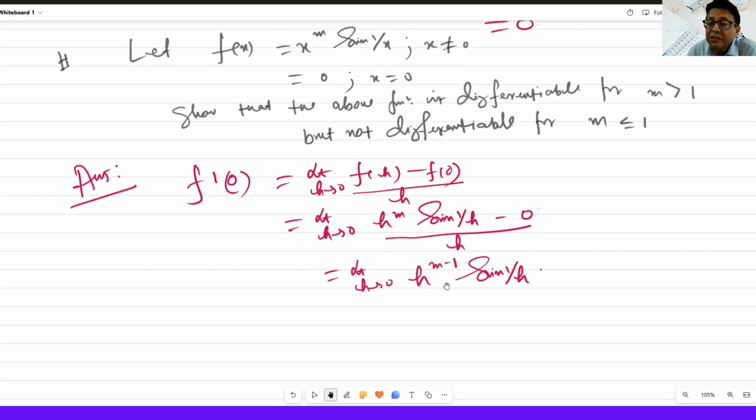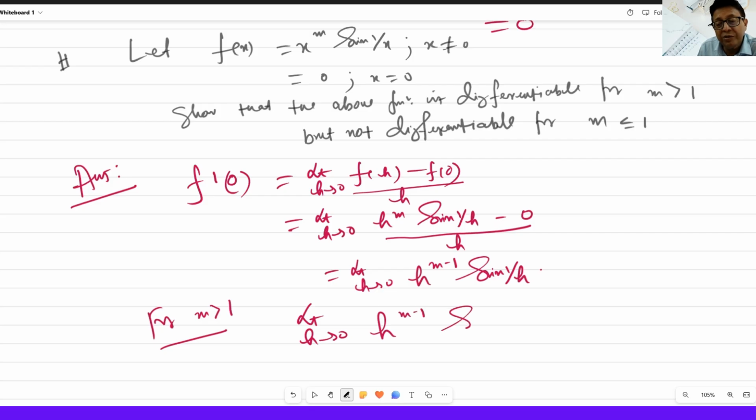So obviously this limit exists for m greater than 1. For m equal to 1, let me do those cases. For m greater than 1, limit h tending to 0, h to the power m minus 1 sine 1 by h. M greater than 1 means h remains in the numerator.